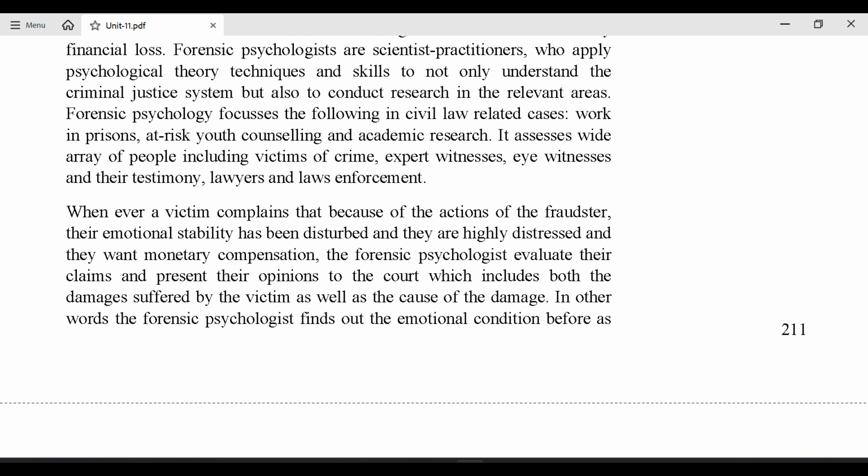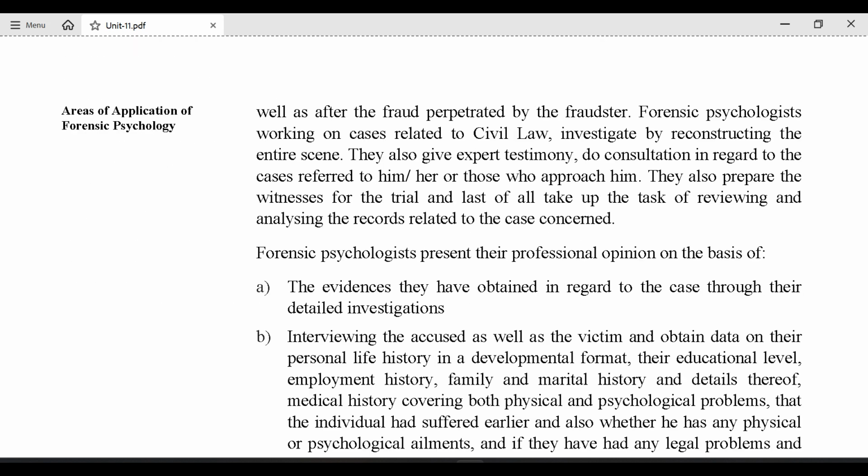Whenever a victim complains that because of the actions of the fraudster, their emotional stability has been disturbed and they are highly distressed and they want monetary compensation, the forensic psychologist evaluates their claims and presents their opinions to the court, which includes both the damages suffered by the victim as well as the cause of the damage. In other words, the forensic psychologist finds out the emotional condition before as well as after the fraud perpetrated by the fraudster.